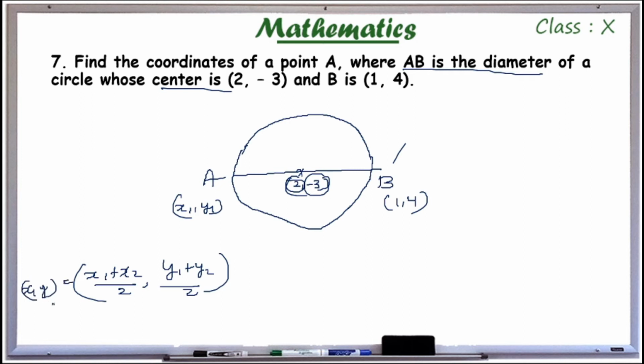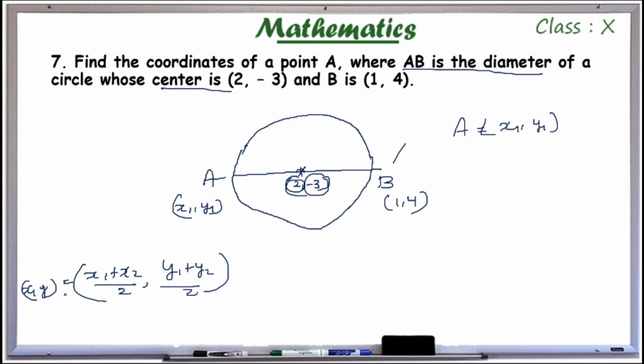This is the midpoint formula. This is the equation for finding the midpoint. So the midpoint is already given in this question. From the answer we have to find the question. Here the question is to find the coordinate of A. So A is equal to (x1, y1).